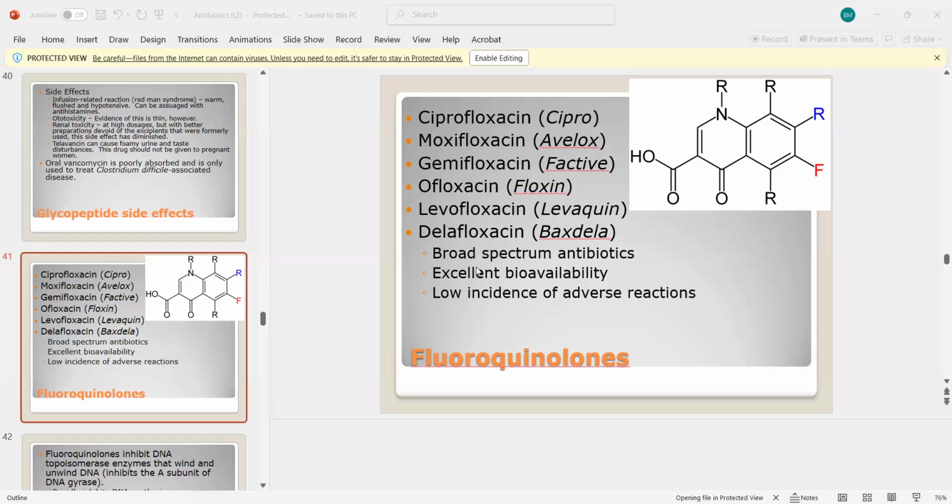So if your patient is on a statin, like atorvastatin, that's metabolized by cytochrome P450 3A4, and they take a Z-Pak, no worries, because azithromycin does not inhibit cytochrome P450 3A4. So azithromycin is the one with the really long half-life.